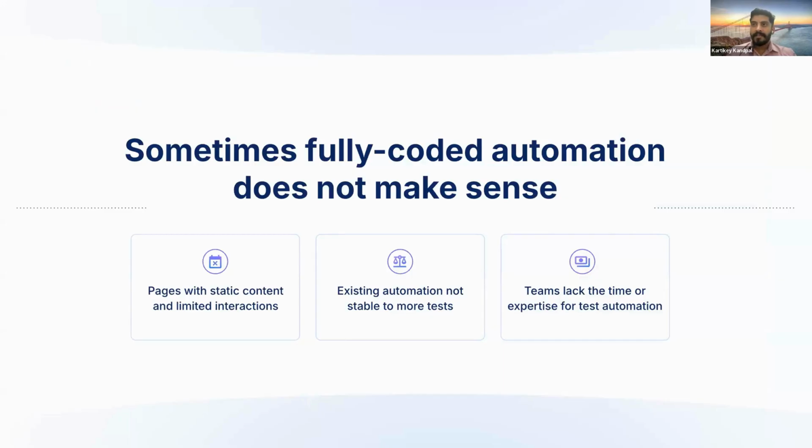The second problem is that automation tests, even though they can probably cover a lot of pages, are not very stable, so that creates a problem. And again, not all teams have the bandwidth or the priority to automate everything that they have. So all of this kind of forces everyone to have a good mix of what they should automate versus what they shouldn't.